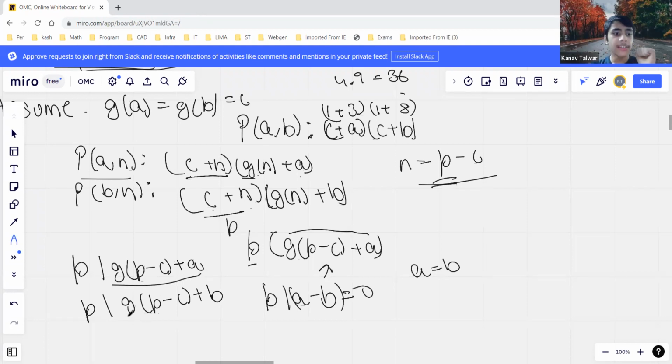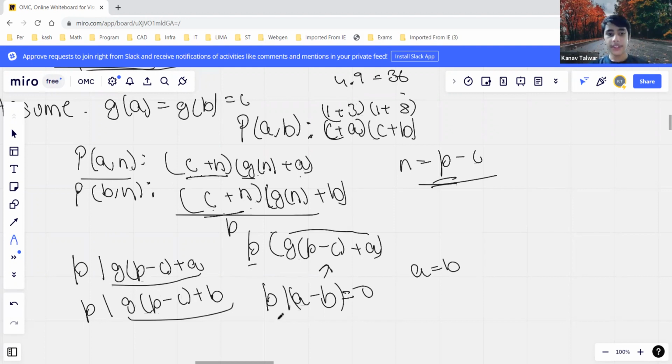Thus P divides g of P minus C plus A. Similarly, P must also divide g of P minus C plus B. Right? Because both of these numbers are the same, which are the prime P. Clear? Okay, I'll repeat once. Yes.